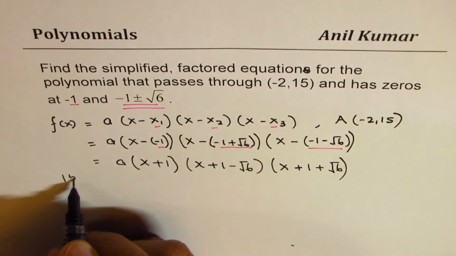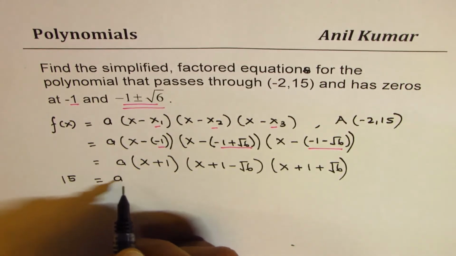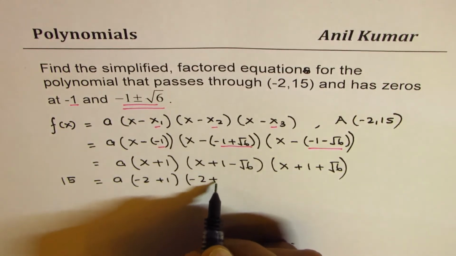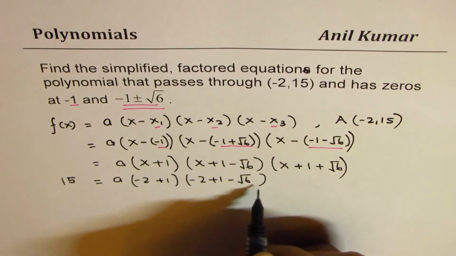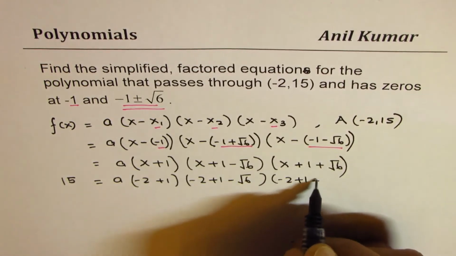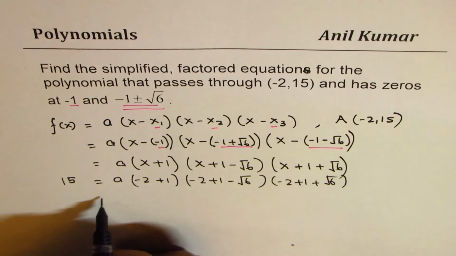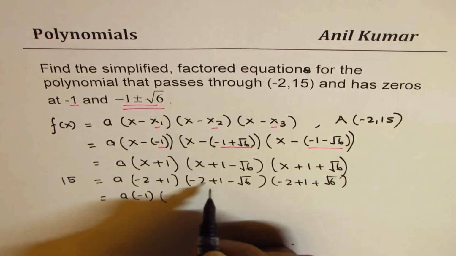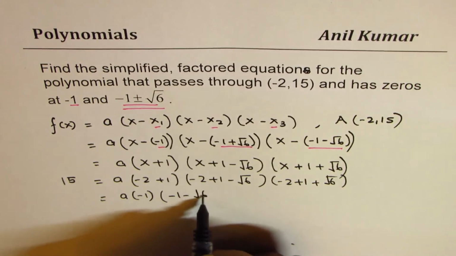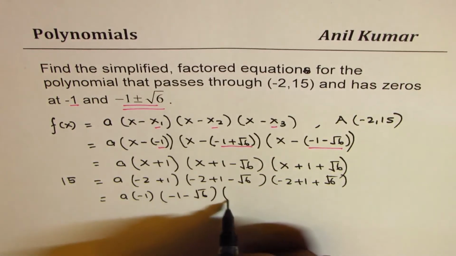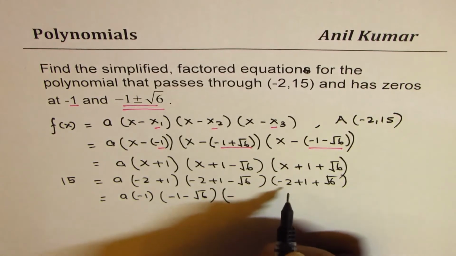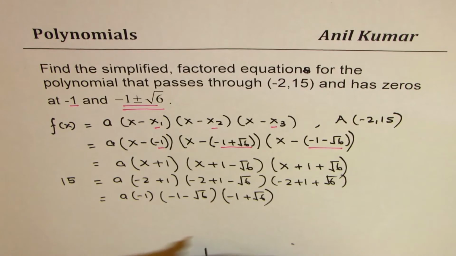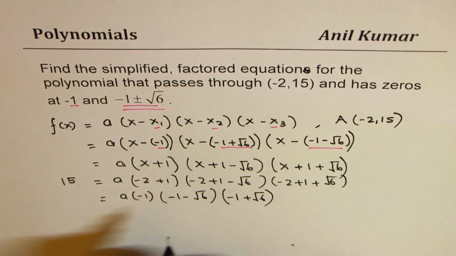So we can write this as 15 equals a times minus 2 plus 1, minus 2 plus 1 minus square root 6, minus 2 plus 1 plus square root 6, correct? Or a times minus 1, this is minus 1 minus square root 6, and this you get as minus 1 plus square root 6. Okay.